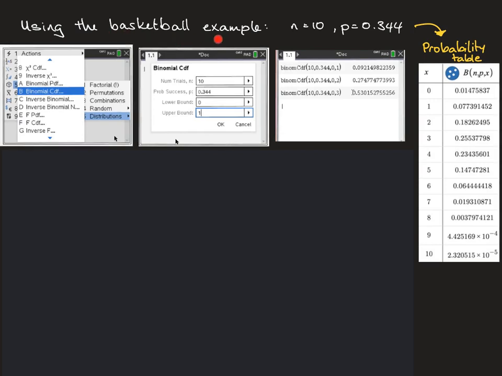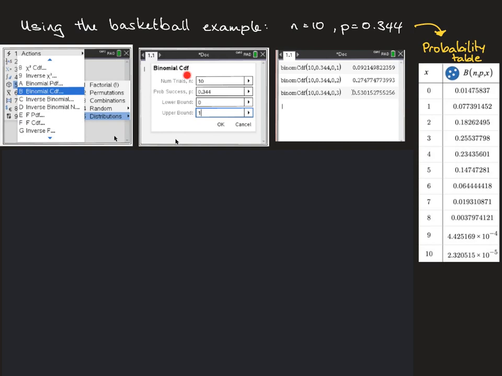So we're going to use the basketball example here with 10 trials and a probability of success of 0.344. And this is our probability table for all of our different x values. So to use a cumulative distribution, you need to make sure that you select this option on your CAS.